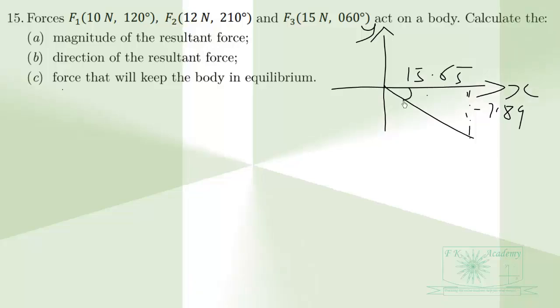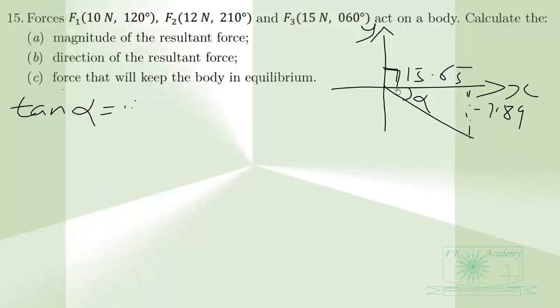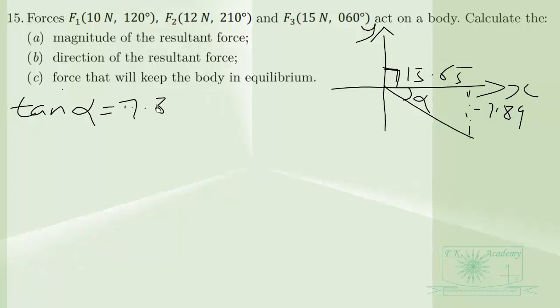This angle here is alpha, and this angle is 90. So tan alpha will be equal to opposite over adjacent, which is 7.89 over 15.65.